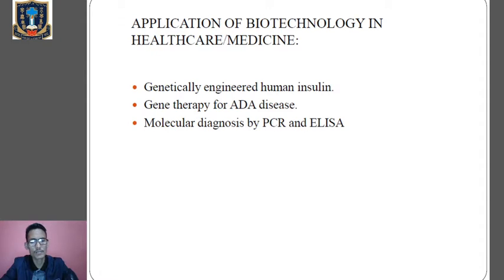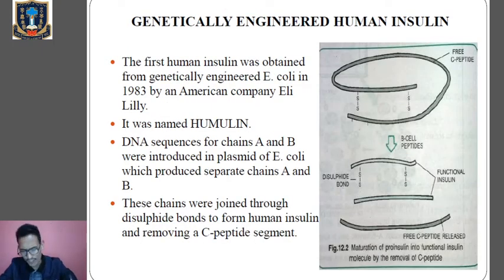We are going to learn about the role of gene therapy for ADA disease, which causes SCID. We will talk about it afterwards. Then we will also learn about molecular diagnosis by polymerase chain reaction, that is PCR, and enzyme linked immunosorbent assay, that is ELISA.